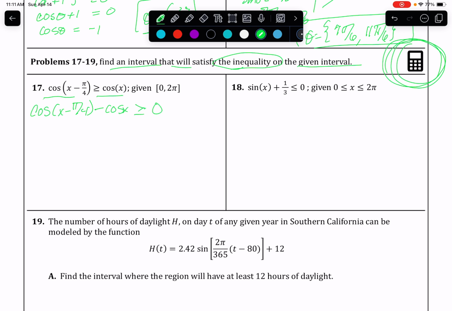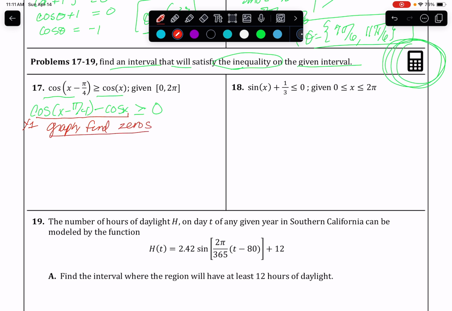We're going to put this in our calculator as y1, and then graph it and find the zeros.